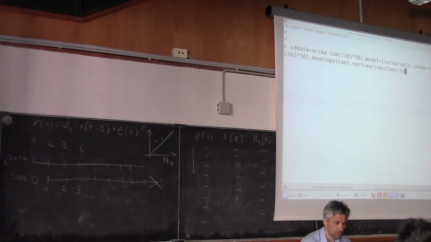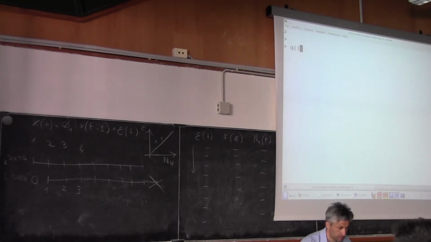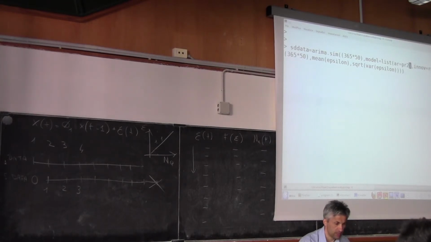Now we have to specify what the model is. And the model here is given by providing the autoregressive coefficient. So one writes AR equal 0.61, I don't remember, can you please tell me, CO2?